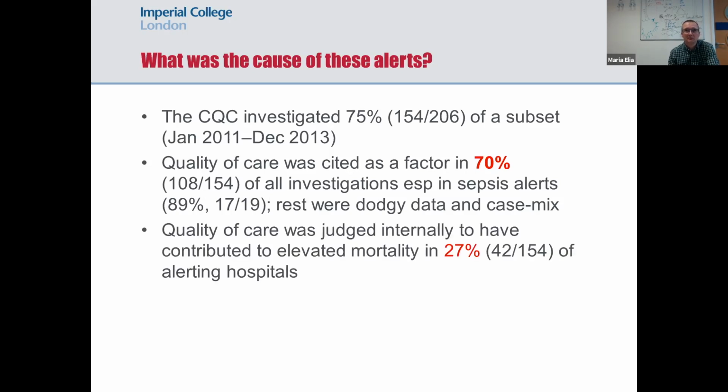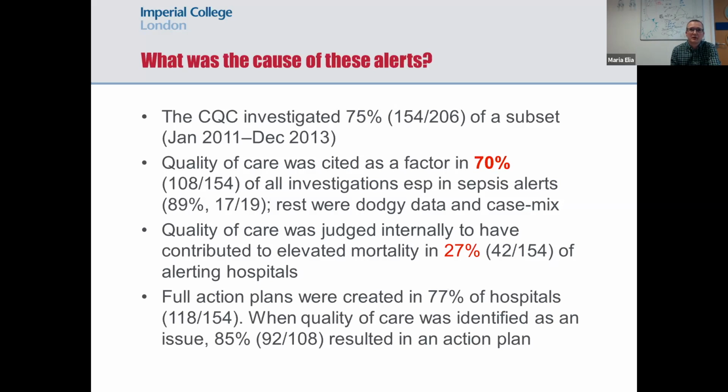And did those quality of care issues contribute to the elevated mortality? Often it did. So in 27% of those hospitals who'd had a high mortality, quality of care actually contributed to that high mortality rate. So again, okay, that's not everyone, there were false positives, but that's pretty high.